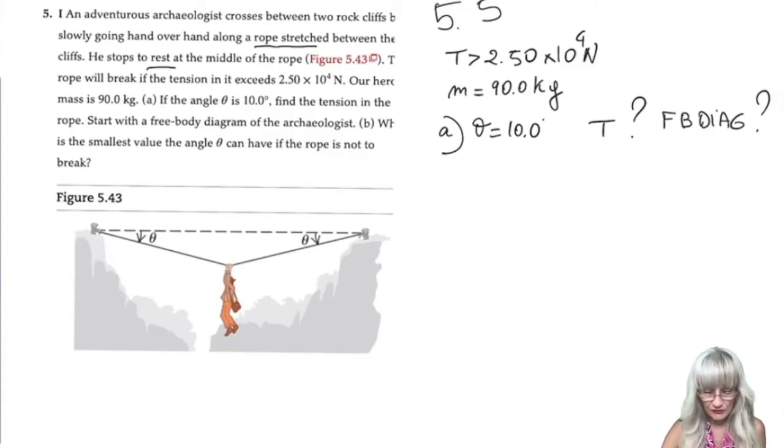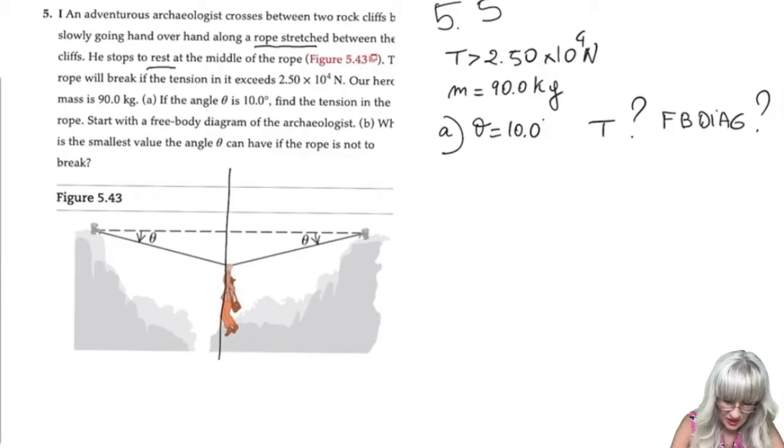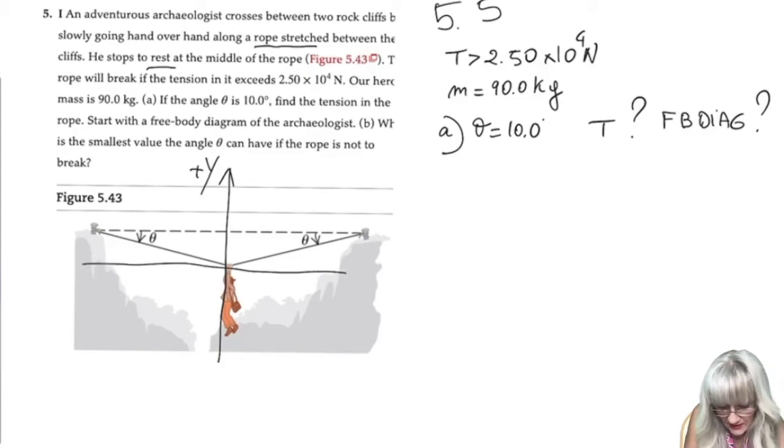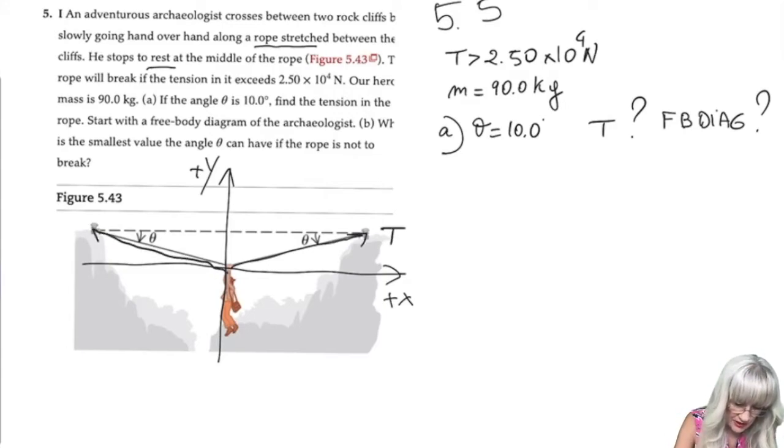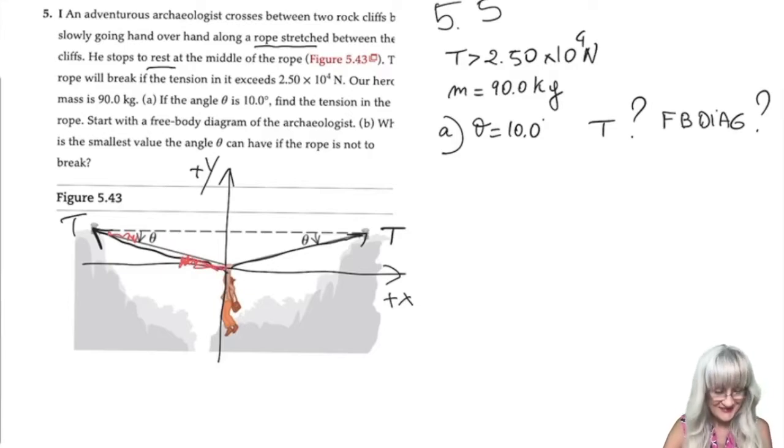All right, let's do that for part A. I'm going to show you first right here. I'm going to put the archaeologist at the center of the origin, plus y, and this one will be the x-axis. This is an artistic take, then I'm going to clean it. So right here, I can visualize a force I'm going to call T, which is a tension, and here again a tension. If this angle is theta, also this angle right here will be theta.